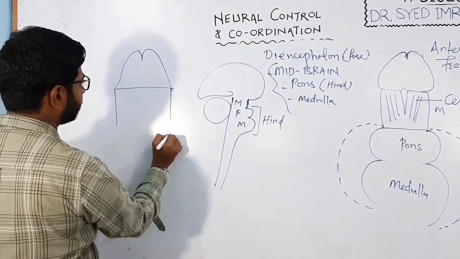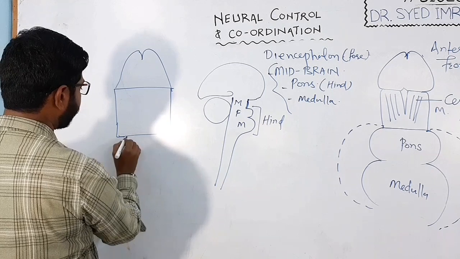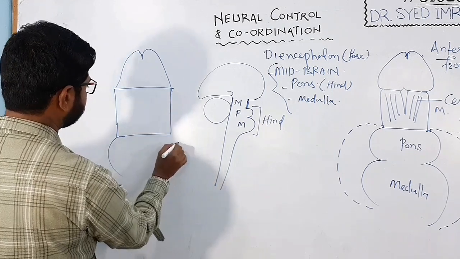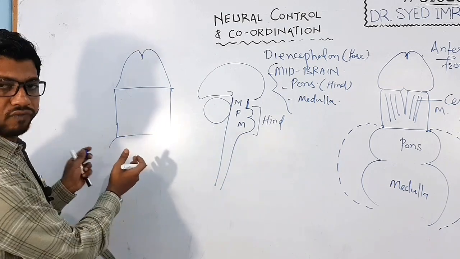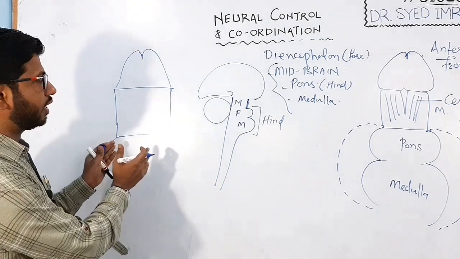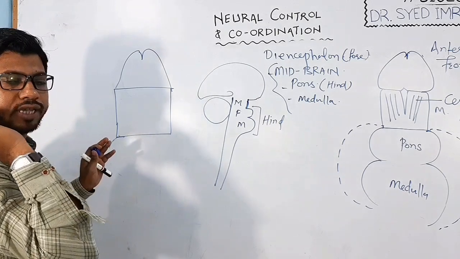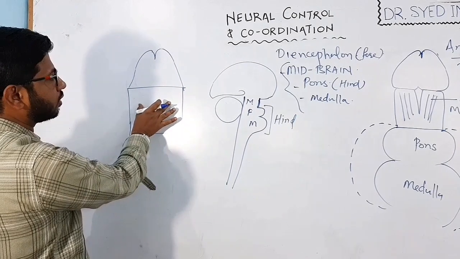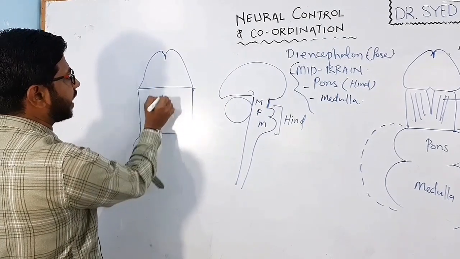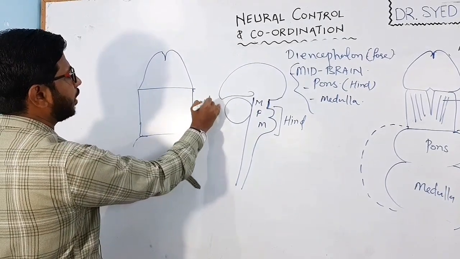This is the midbrain and some part like the cerebellum comes first because we are observing the posterior part. Cerebellum is posteriorly located. Just below the forebrain, that is just below the diencephalon, this is the midbrain.